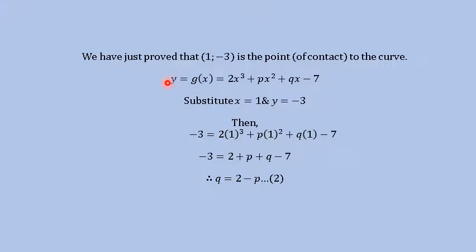Where there is x, we are going to put 1. Therefore we have negative 3 equals 2 into 1 cubed plus p into 1 squared plus q into 1 minus 7, and then we remove the brackets. Therefore we are going to have q equals 2 minus p, and this is equation 2.